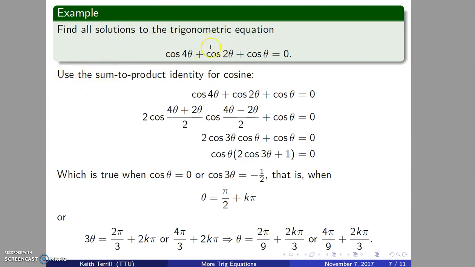What you could probably end up with, if you did this, would be something like cosine to the fourth plus something cosine squared, plus cosine, plus a number, all equal to 0. It wouldn't be a quadratic type anymore, now that I think about it.